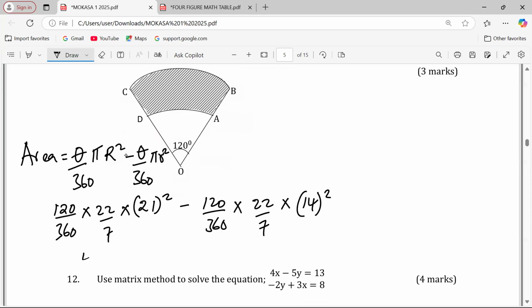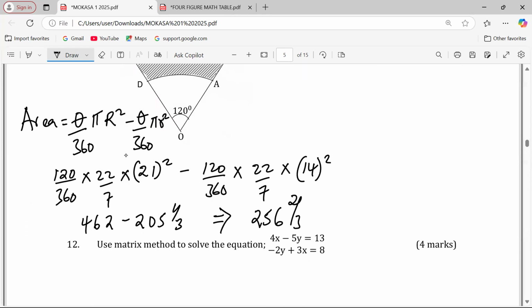So the first one is 462 minus 205 and a third. So the final answer becomes 256 and 2/3.